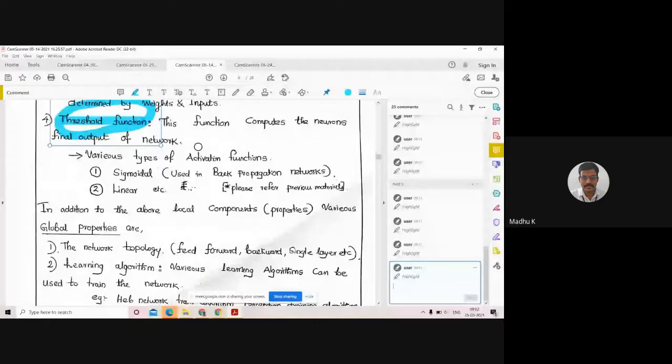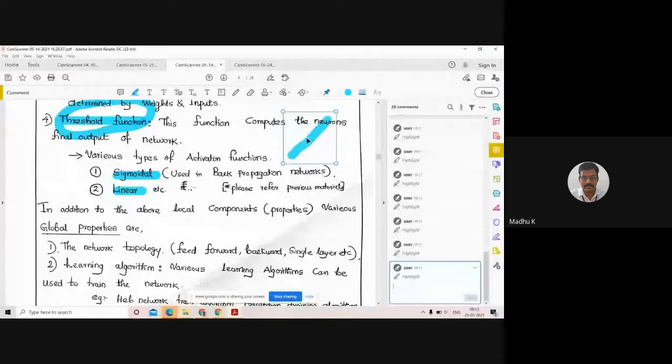Various types of activation functions are the sigmoidal function, binary sigmoidal and bipolar sigmoidal. Similarly, linear and other activation functions are there. This is a linear activation function.